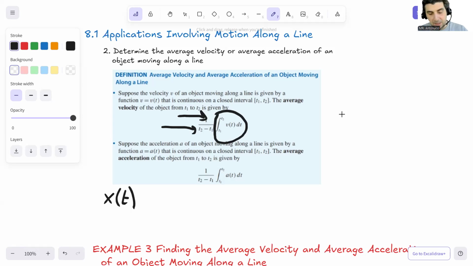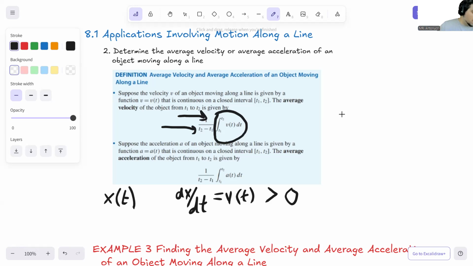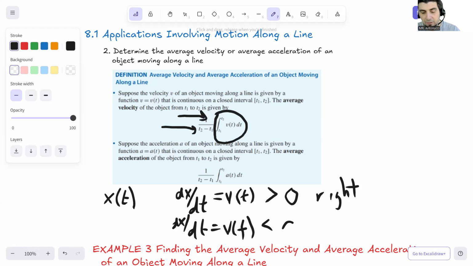The derivative dx dt is equal to the velocity function. So if this is greater than 0, then that means that the object is moving to the right. And if dx dt, which is the velocity again, is less than 0, it's moving to the left.